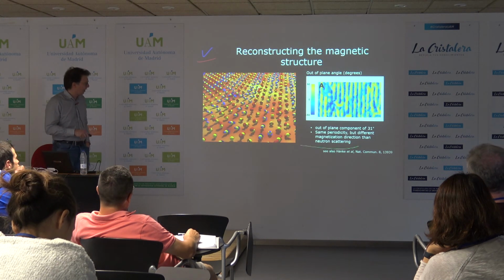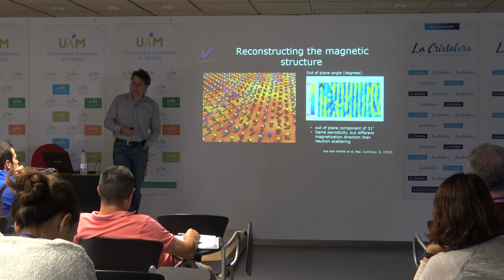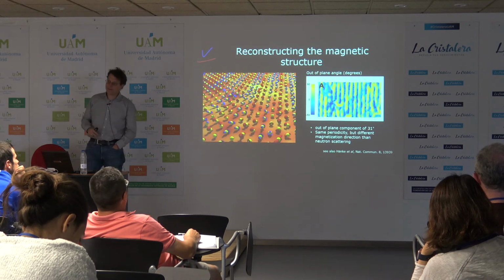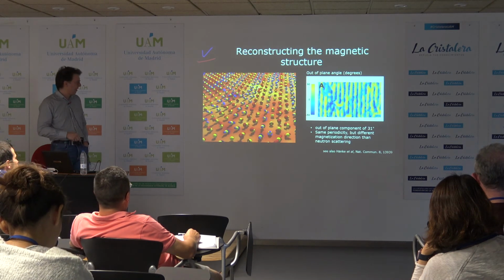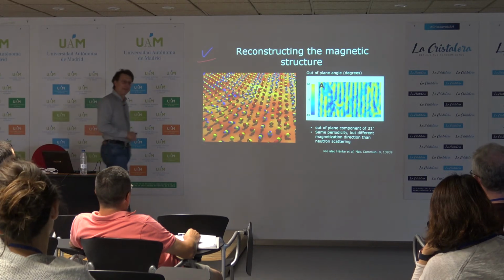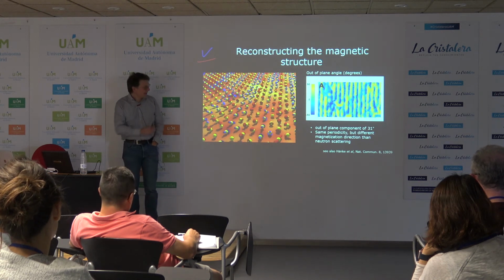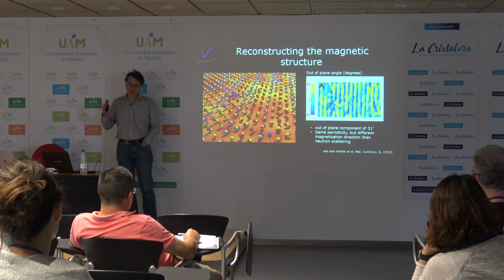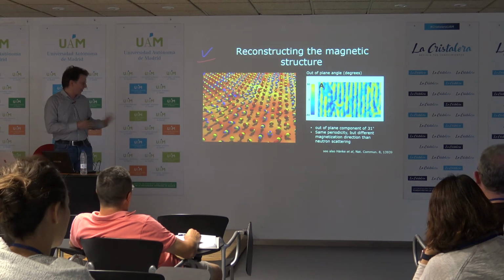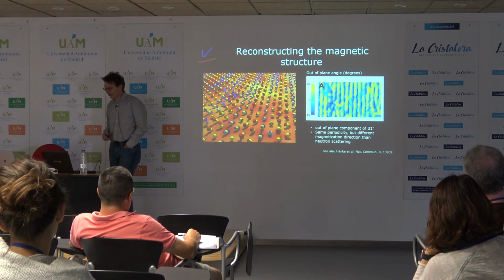Somewhat surprisingly, after we got this result, we asked DFT people to do fully relativistic calculations, because then in principle they can get the angle of the lowest energy of the spin configuration, and they get the same angle as we get for the bulk. So now the question is whether there's some issue with the DFT or with the neutron scattering. That we'll still need to figure out.